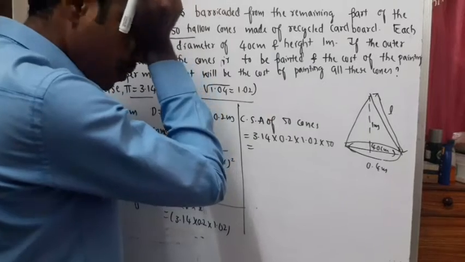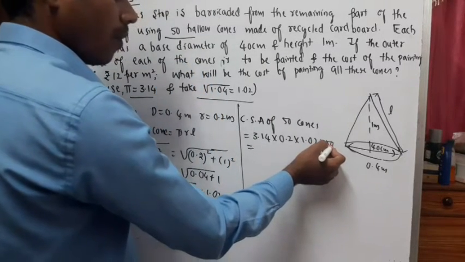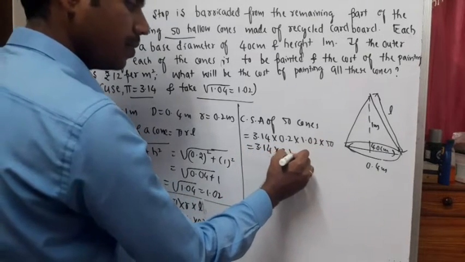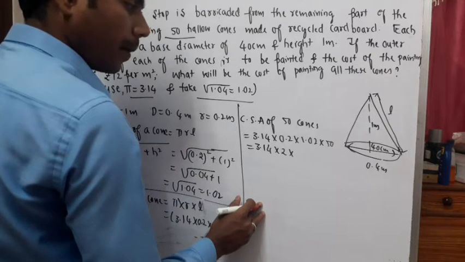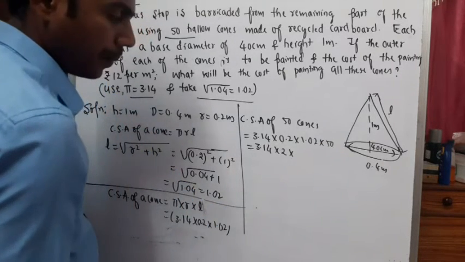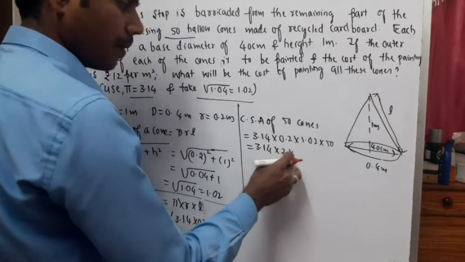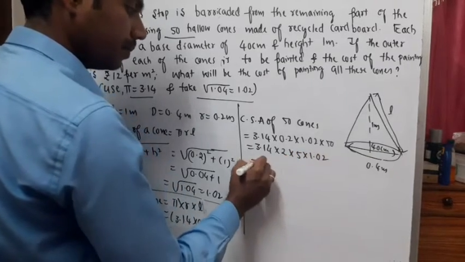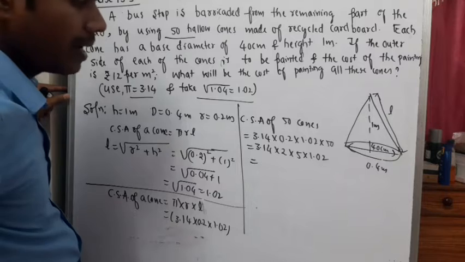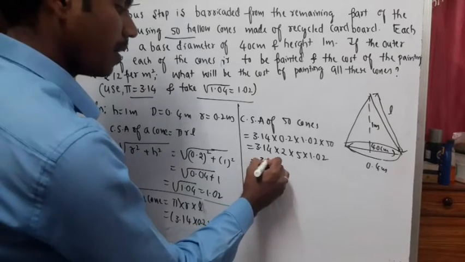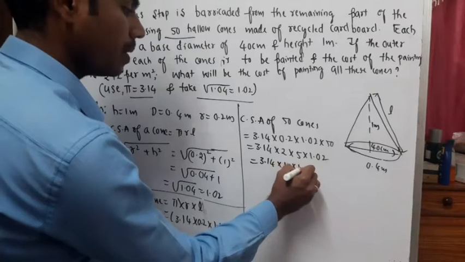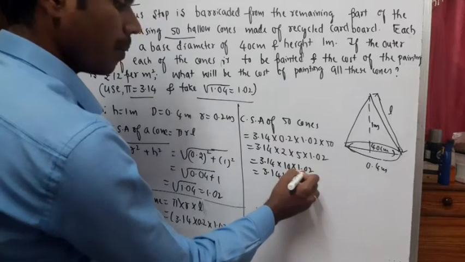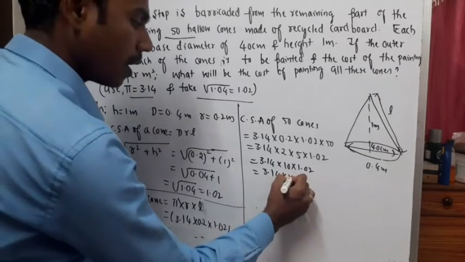Now, 50 into 0.2 is nothing but 10. So 3.14 into 1.02 into 10, which means 10.2.